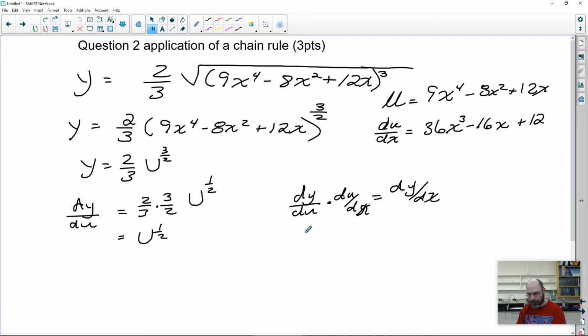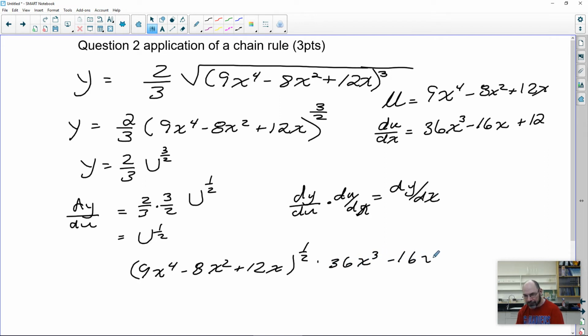Okay, so we'll do that, and we'll place this value in for u now. So that'll be 9x to the 4th minus 8x squared plus 12x, and that's to the power of 1/2, times this stuff, 36x to the 3rd minus 16x plus 12.